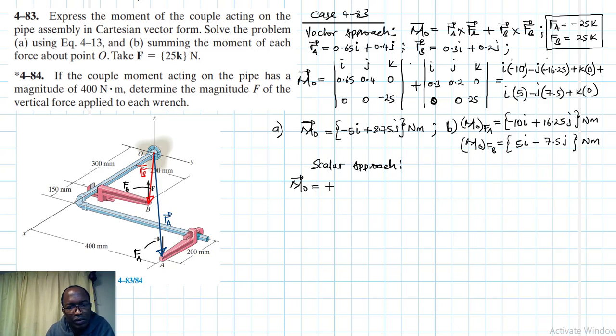So we'll have F, which is 25, and this one is giving us a positive in that direction. So we'll have 25 times the lever arm, which is 200.